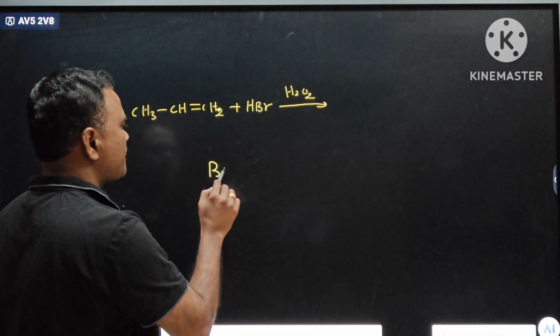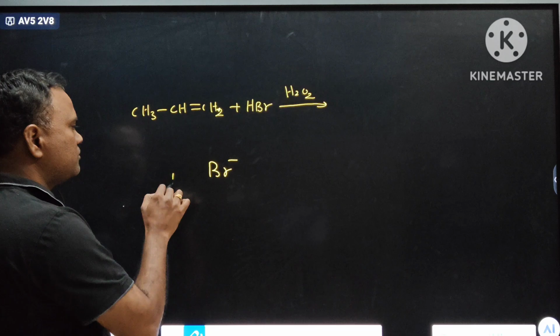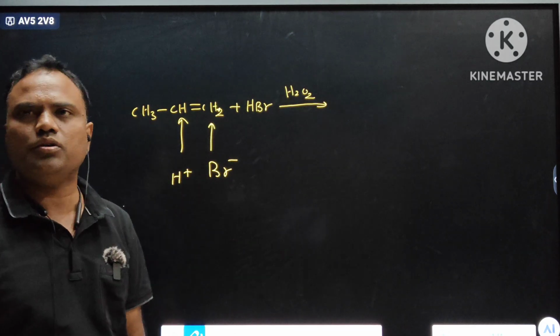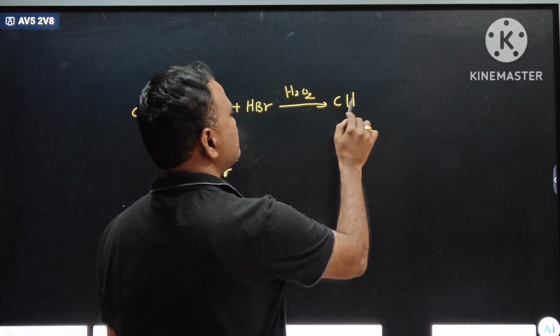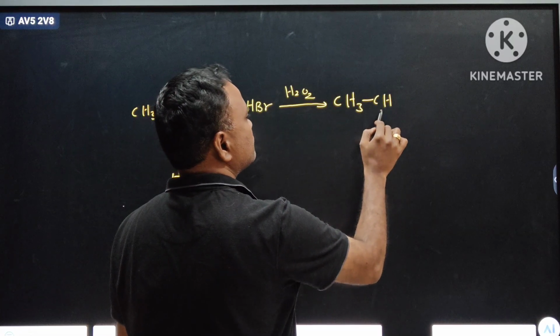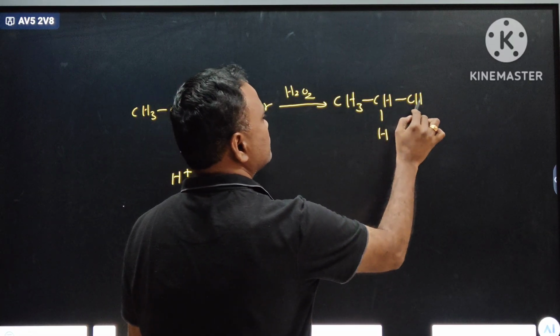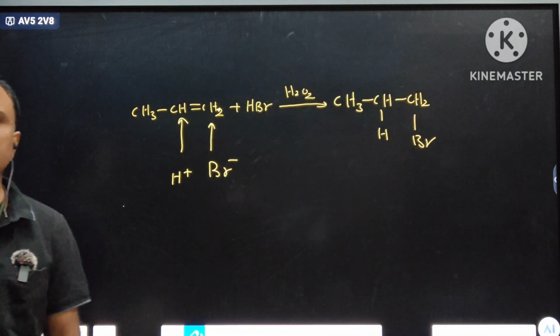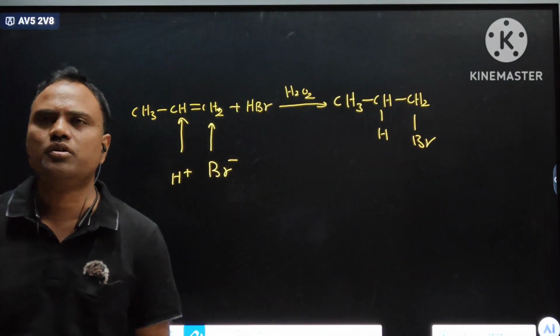Br negative. Got it? All of you. Anti-Markovnikov's rule.